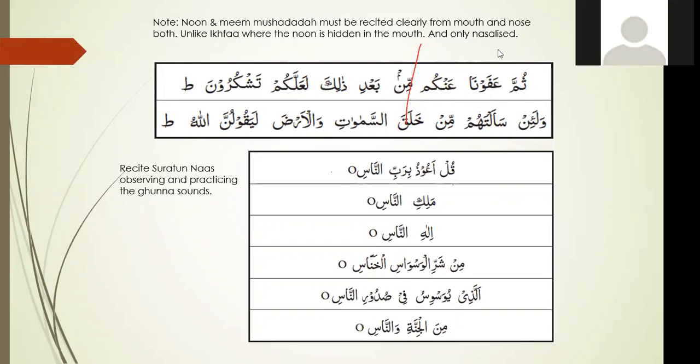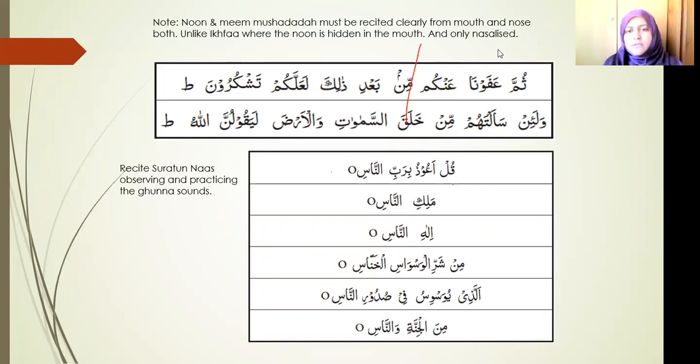Can I please? Yes, please go ahead. Bismillahir Rahmanir Rahim. قل أعوذ برب الناس. So there is a Noon Shadda there that you have to do ghunna, nasalize for 2 counts. Birabbin Nas.